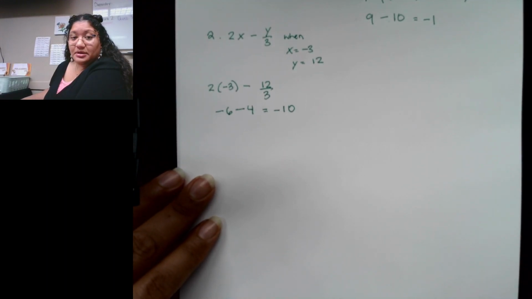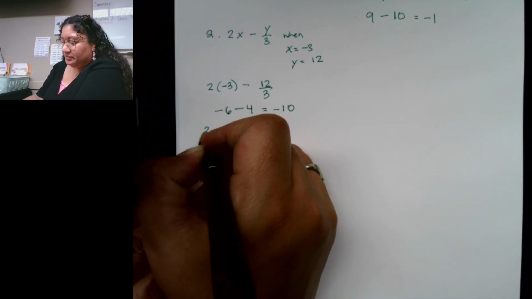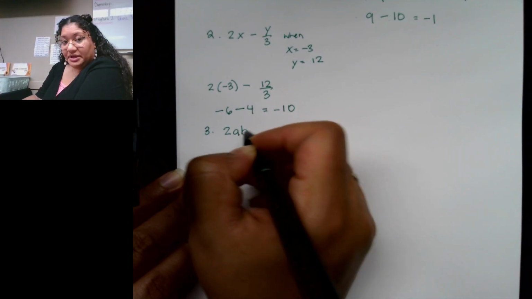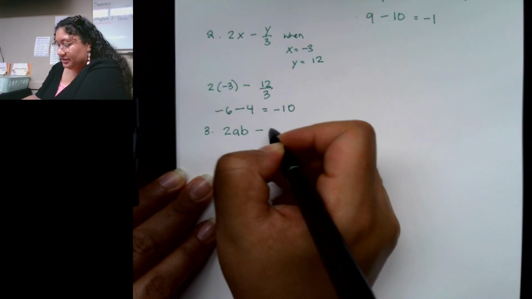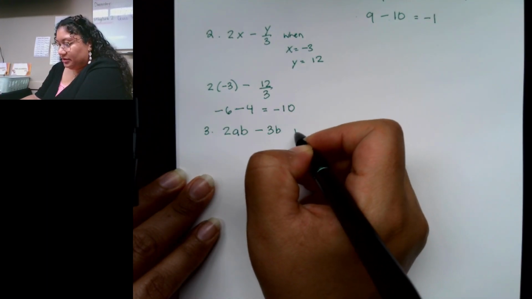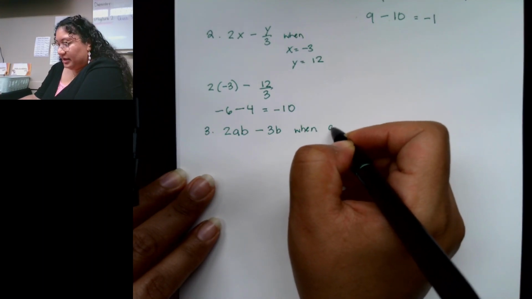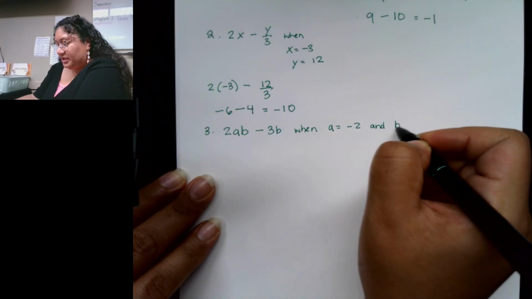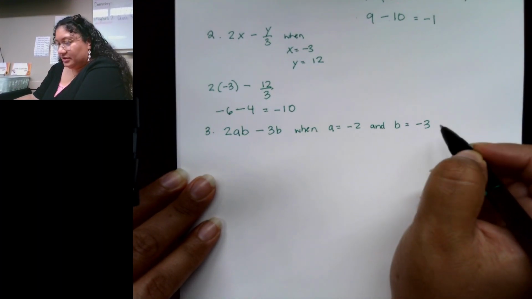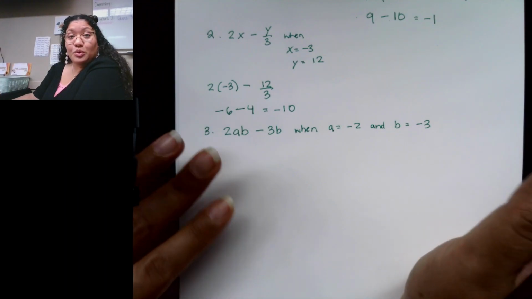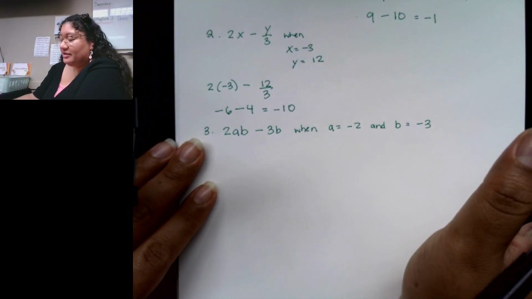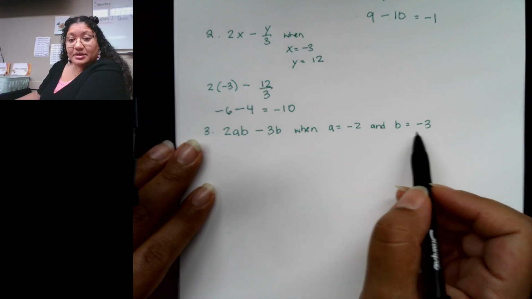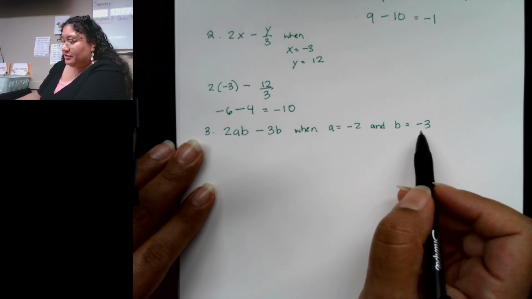Okay. Number 3. I've got 2ab minus 3b when a equals -2 and b equals -3. Don't make this complicated. I'm first plugging in the variables whose number I was told.